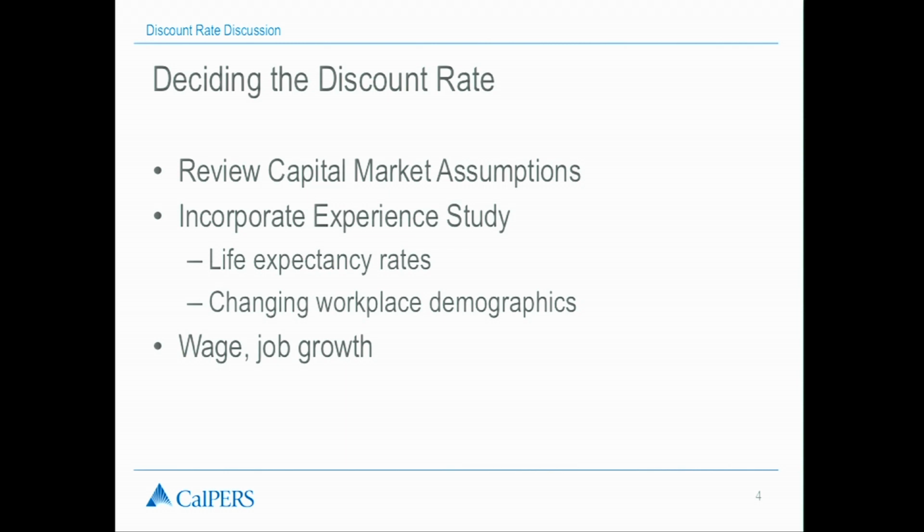And then, given our outflows, we discount those outflows with both the short-term and the long-term expected rates of return, and we come up with an equivalent discount rate. So based on our expected cash flows, we determine our rate. It's not a short-term rate, it's not a long-term rate, it's based on our cash flows.